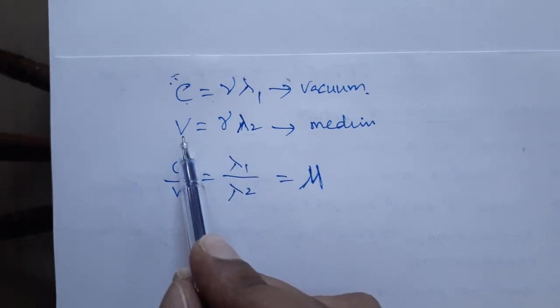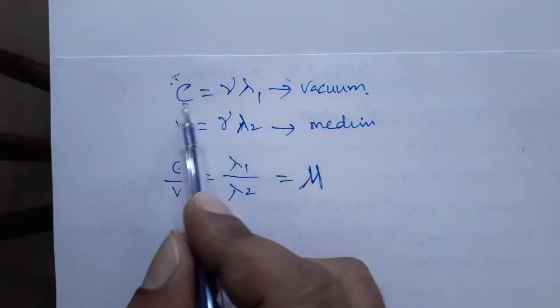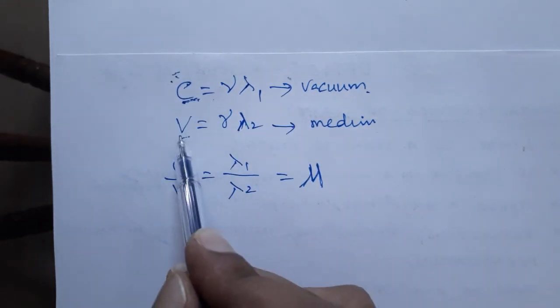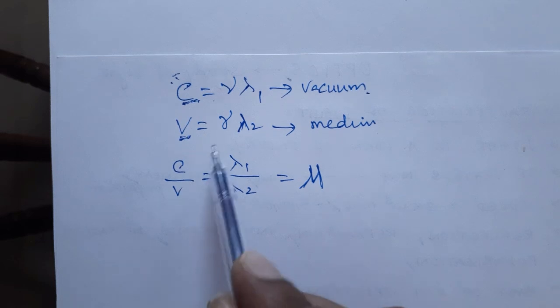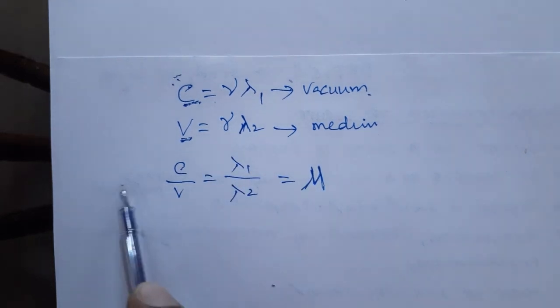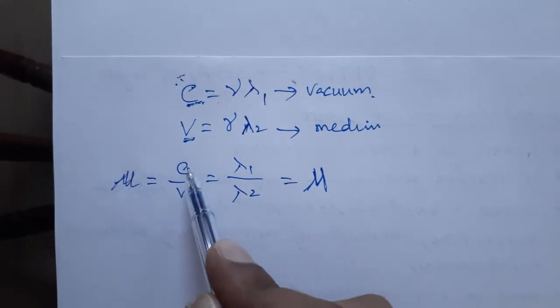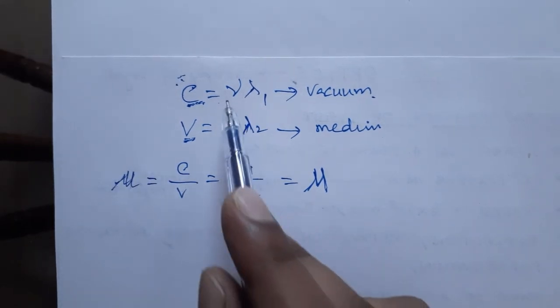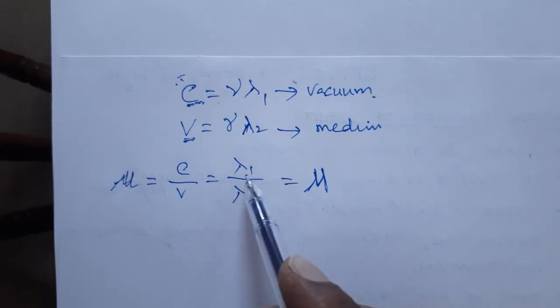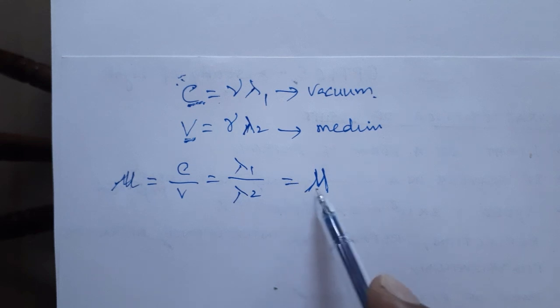The velocity of light in vacuum is C. The velocity of light in the medium I am representing as V. So V equal to nu into lambda 2. Now we know refractive index mu equal to C by V. Now C is nu lambda 1 by nu lambda 2. So simply nu gets cancelled, lambda 1 by lambda 2, which is equal to mu.